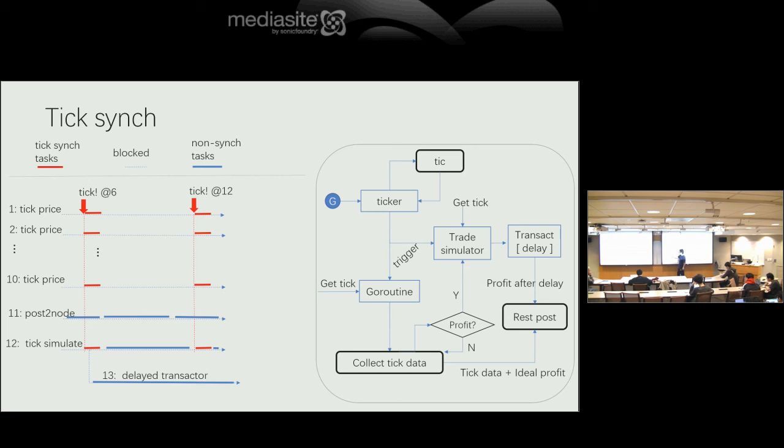The tick simulate routine is also synchronized. But the post-to-node routine is not synchronized by the ticker. It just does its job as quickly as possible. So let's have a closer look at how they work.